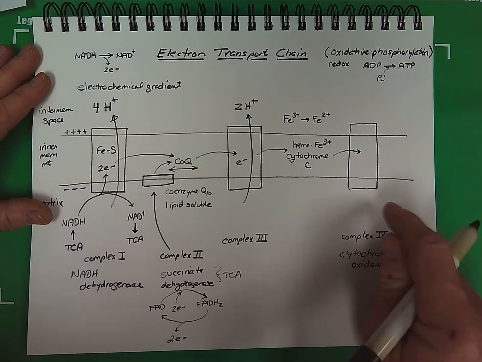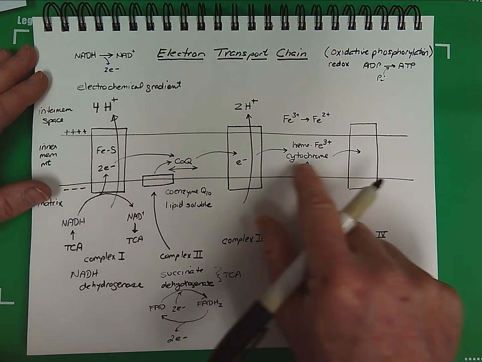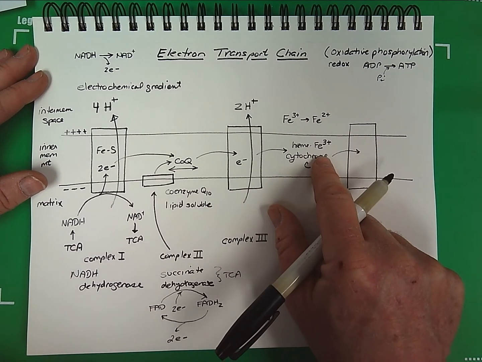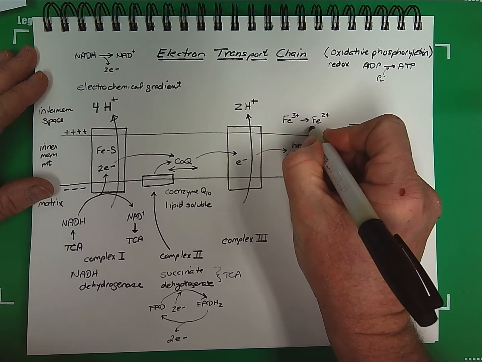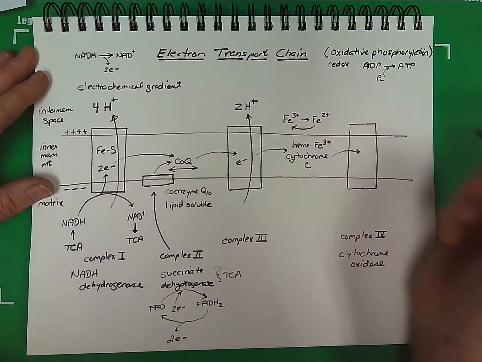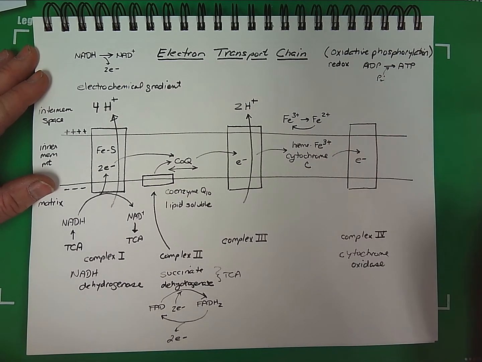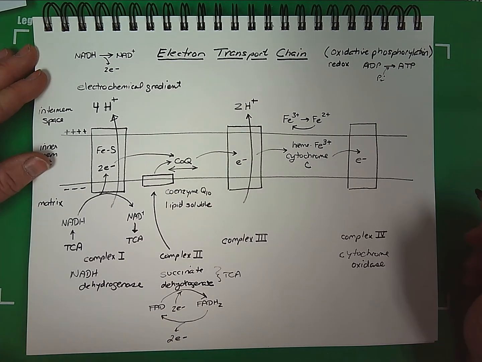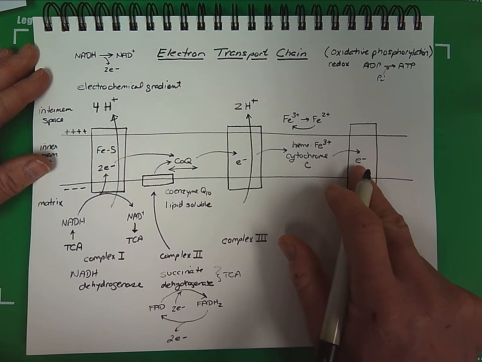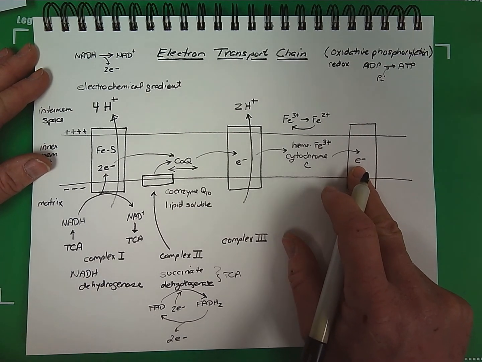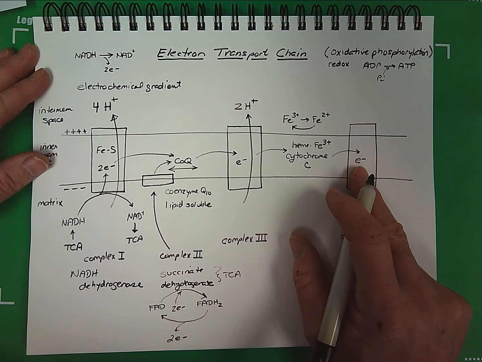Now, once we arrive at complex 4, after cytochrome C is oxidized to bring the iron back to its ferric state and release the electrons onto complex 4, this is the final stage of the electron transport chain. And we are going to now move these electrons onto the final electron acceptor in the energy metabolic process.